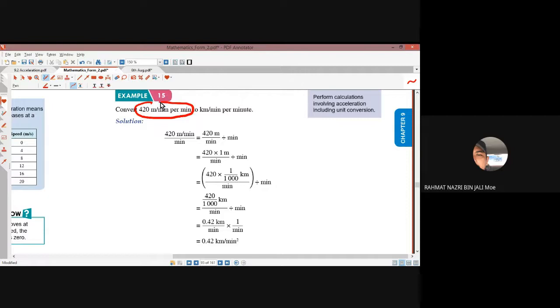We want to convert this one to kilometer per minute. So we just convert meter to kilometer. So kita tengok di sini.